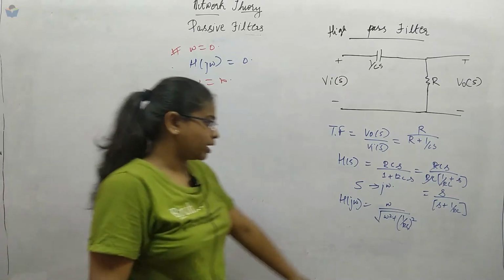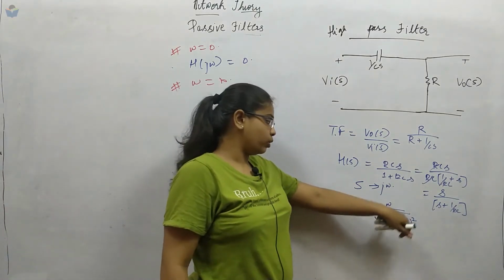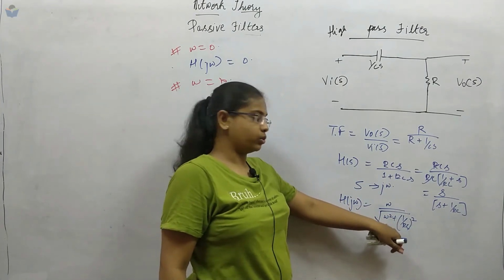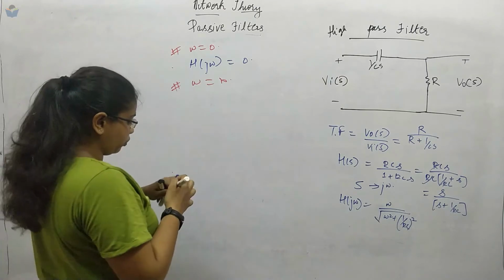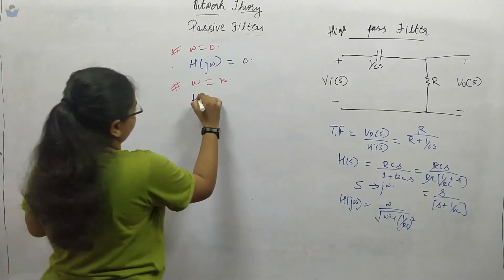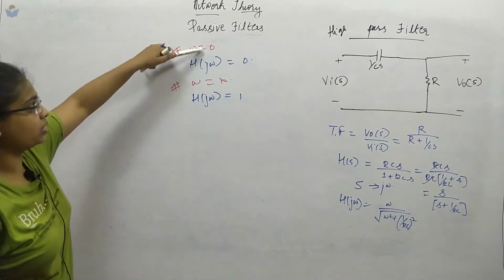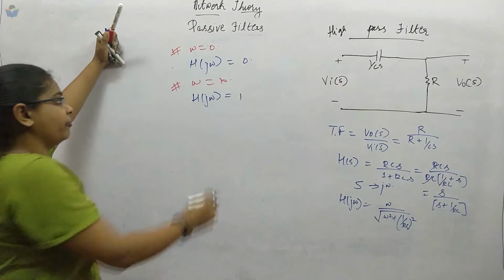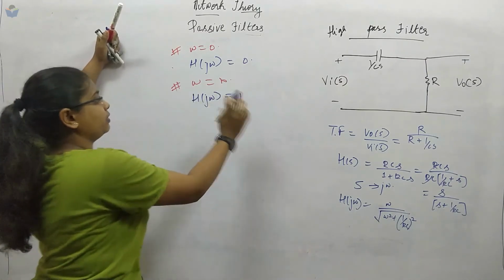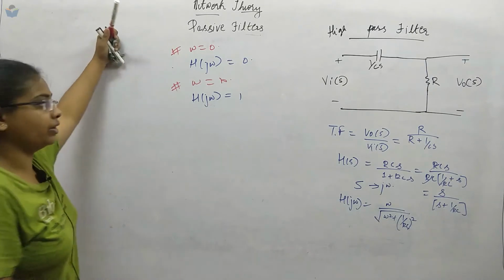For some time, if you assume this 1 by RC is negligible, this omega square will come out of the root, omega by omega will give you 1. So H of j omega will be 1. Now omega equal to 0, which is a low frequency range, we are getting the output as 0, whereas for higher range of frequency we are getting 1 as our output. It means it's a high pass filter.